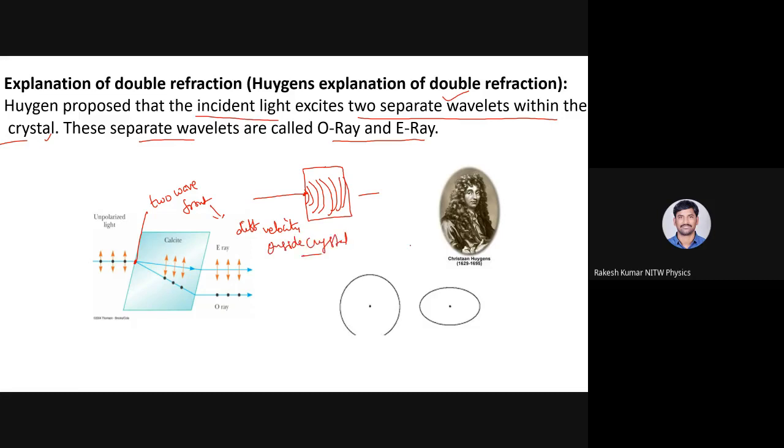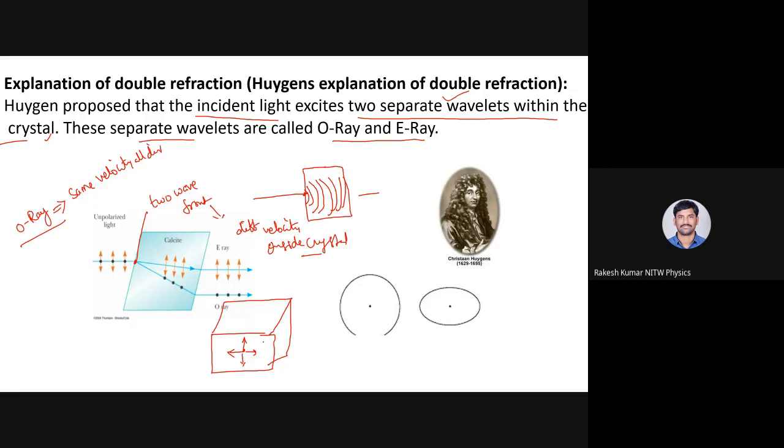If you want to understand it in an even clearer fashion, let's take a point source in the crystal. Suppose this is your double refracting crystal, and there is a light source here. When the light produces the first wave, your ordinary ray will travel an equal distance in all the directions. Please remember the first point: your ordinary ray travels with the same velocity in all directions.